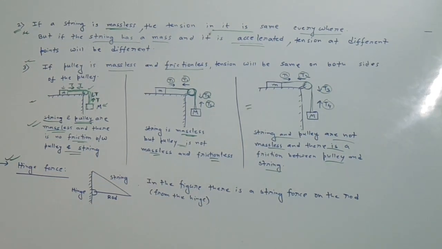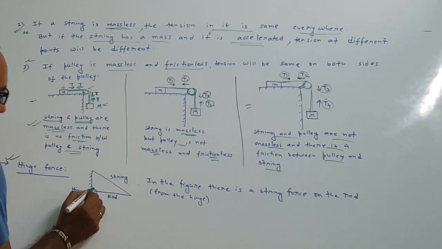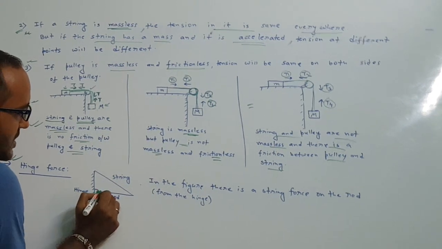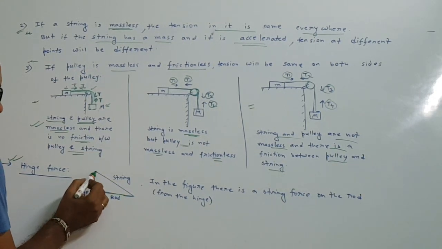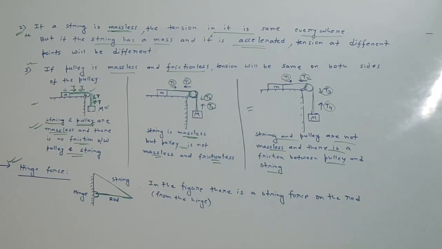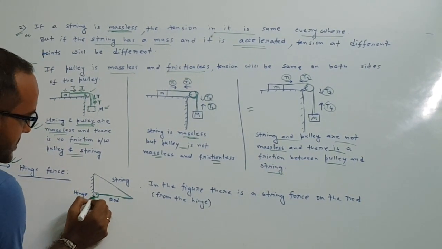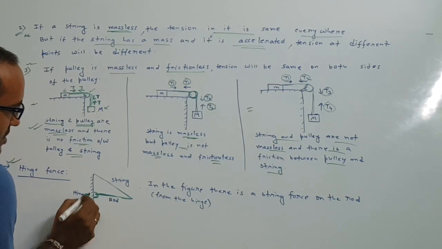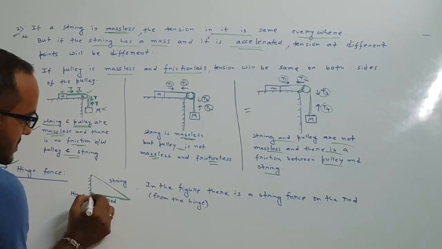Now we have another type of force, our last type of force, which is hinge force. Let us say we have a hinge. By this hinge we have attached a rod and we have a string connected to balance the rod. Now in this figure, if you observe, this string is holding this rod, so this hinge holding that rod, so this hinge will have two forces.